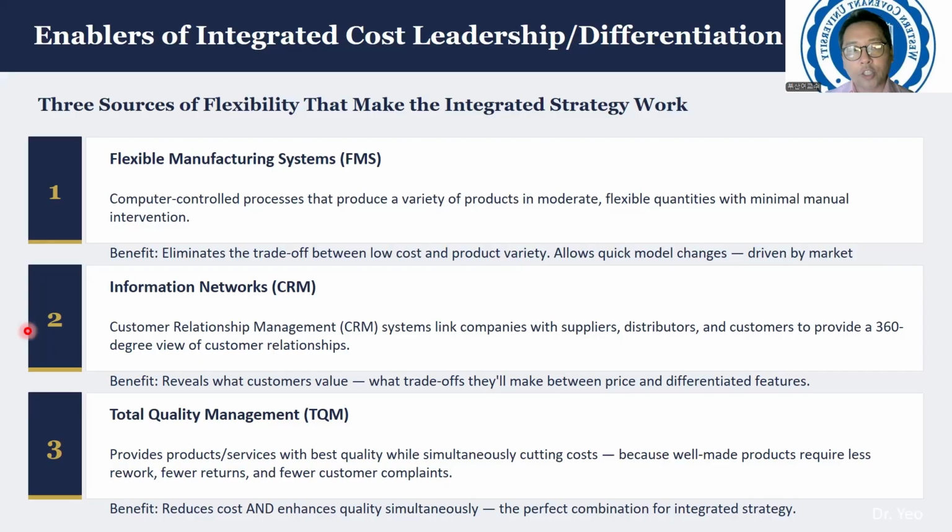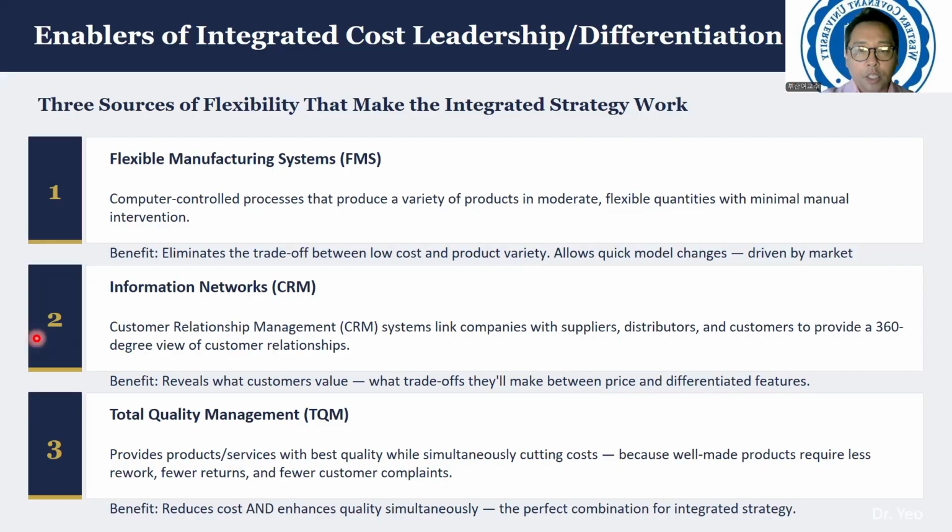Second, information networks, CRM. You cannot offer customers exactly what they value unless you know what they value. CRM stands for customer relationship management. CRM systems give firms a 360-degree view of their customer relationships.